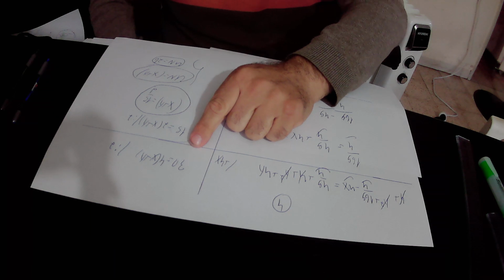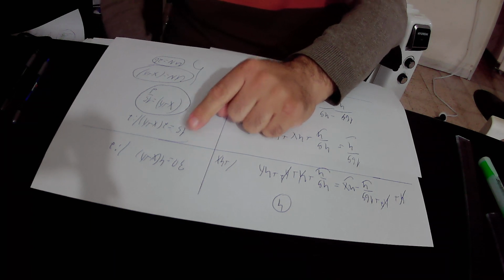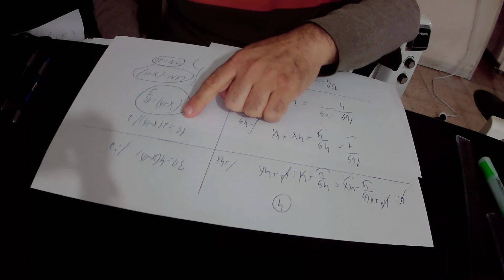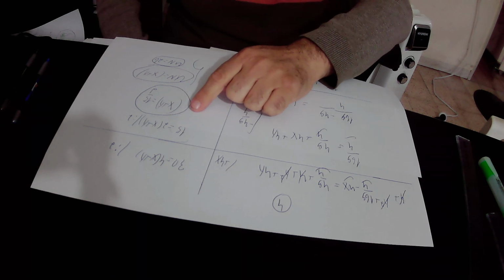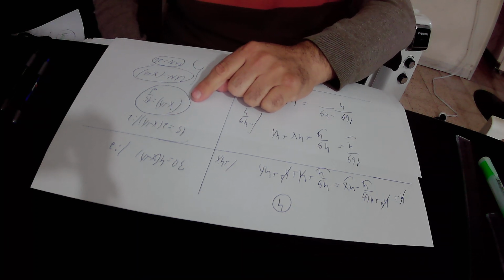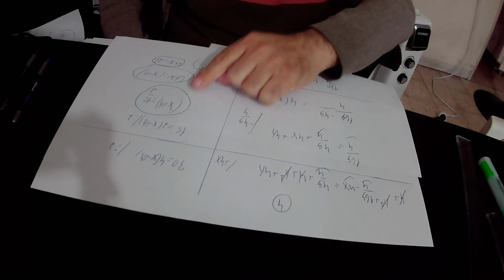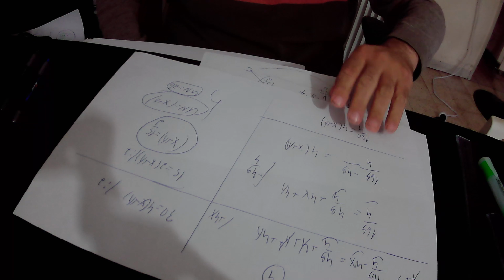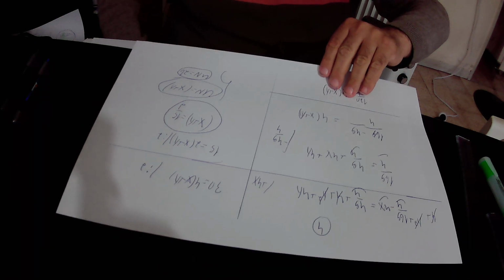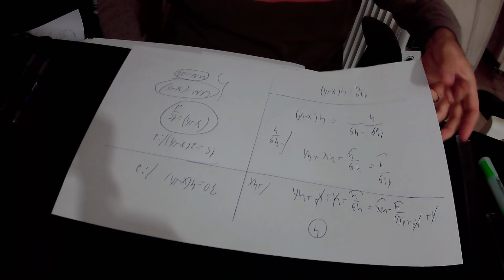We divided this equation by 2, 30 over 2 is 15, and 4 over 2 is 2, so 15 equals 2 times (x plus h). Then we divided this equation by 2 and found that x plus h equals 15 over 2.